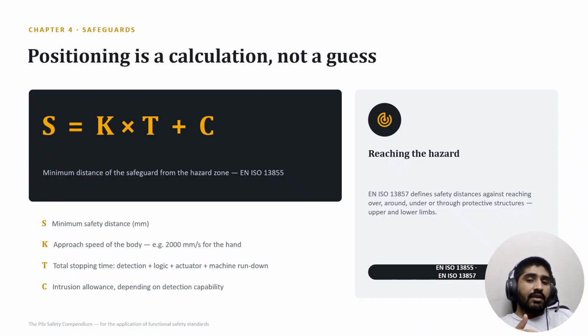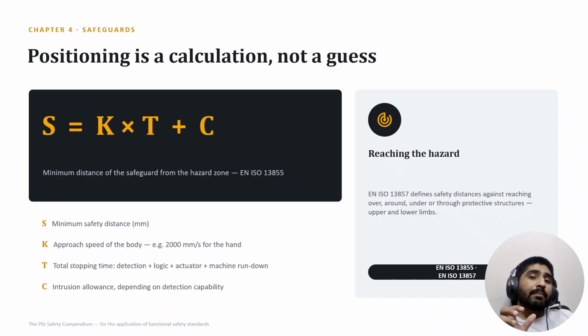The minimum distance S equals K times T plus C, where K is the approach speed of the human body, T is the total stopping time of the entire system, and C is the intrusion allowance that depends on detection capability.